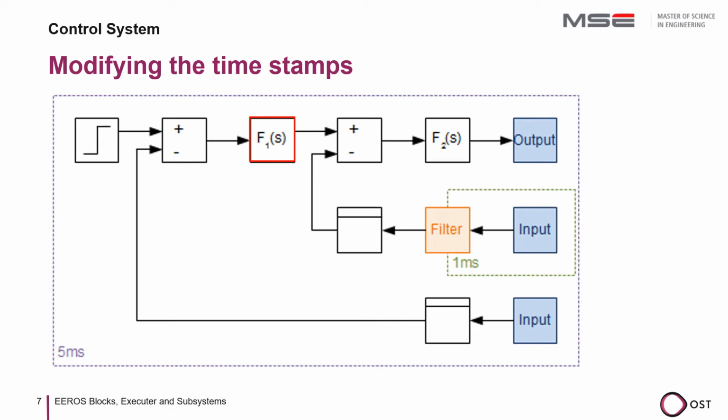Simple time-invariant linear operations such as multiplying by a constant do not affect the timestamp. However, blocks which depend on a sampling time, such as integrators or differentiators, will change the timestamp according to their inner algorithm. A differentiator, for example, delays the timestamp by half of a control cycle.